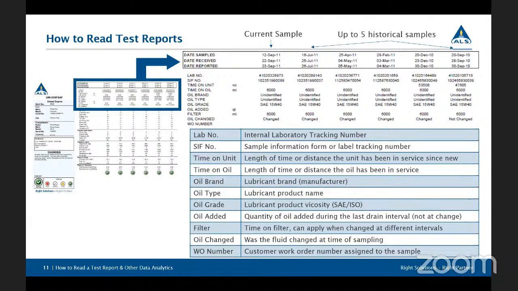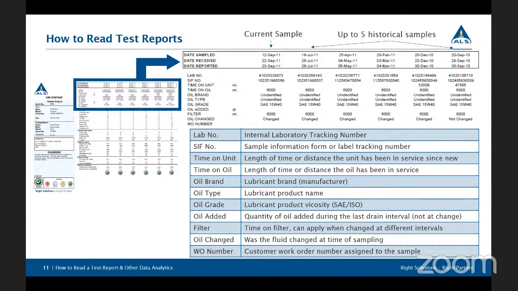Below that, we get into this specific sample information that you provide as a customer. So the time on unit is the length of time or distance the unit has been in service since new or since rebuilt. So if you mark that it's been rebuilt, usually we'll start that clock over. Then we have the length of time or distance that the oil has been in service listed below that. And then we'll list your lubricant brand, product name, and viscosity.